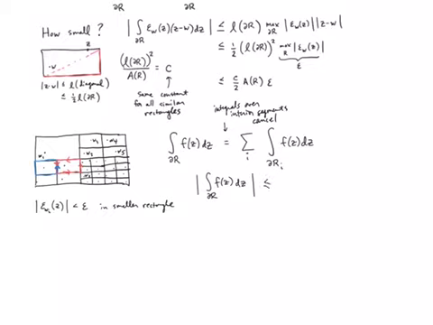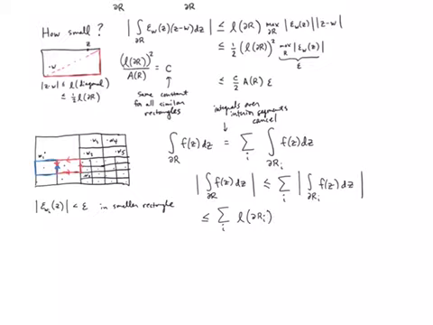That's less than or equal to the sum over i of the absolute values, using the triangle inequality. And then the ML inequality applied to this, you have the sum over the i's of the length of the boundary R_i.